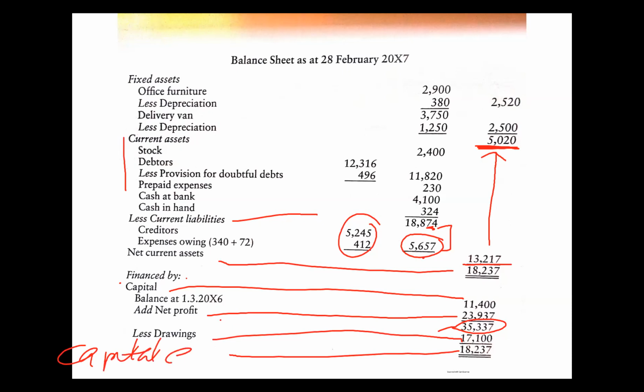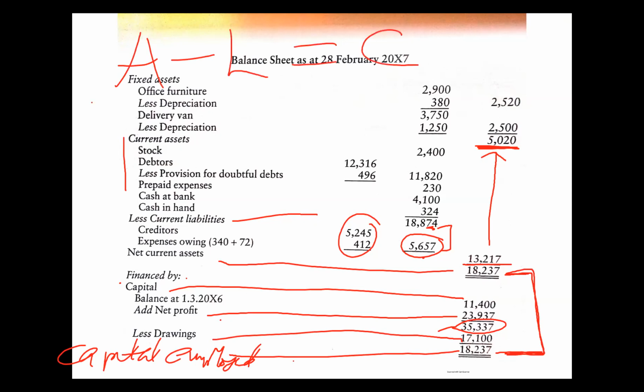Okay, the total capital employed. You can see that this amount now is equal to that, right? So the net assets are equal to capital, which simply means that assets minus liability is equal to capital, which is obeying the celebrated accounting equation.